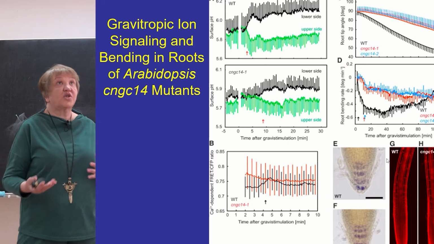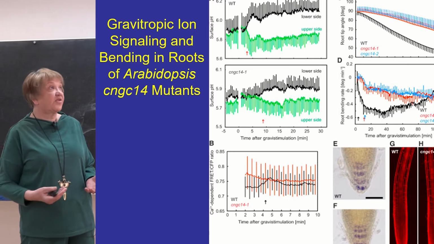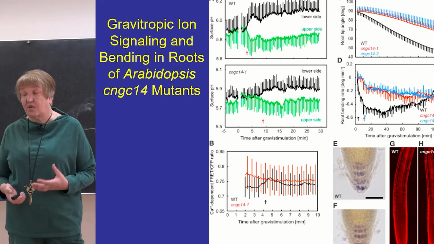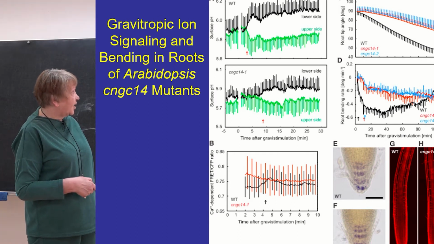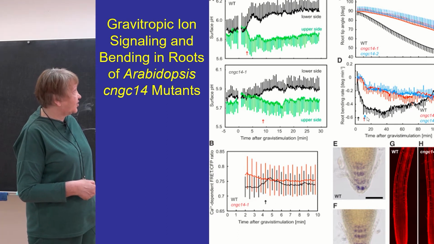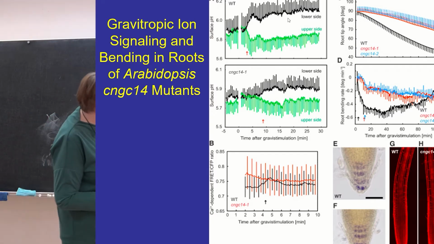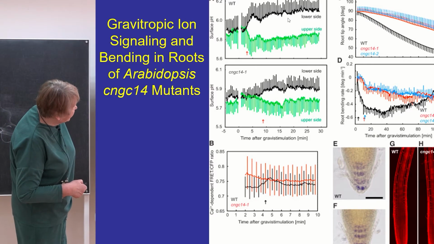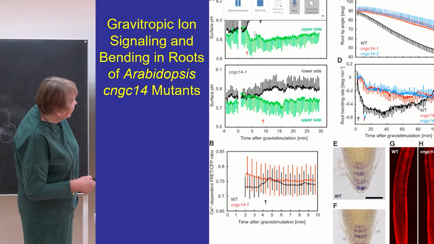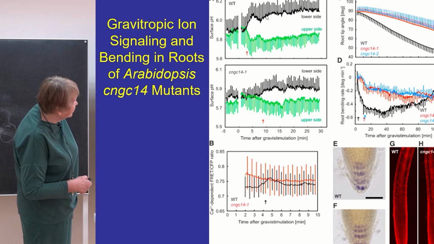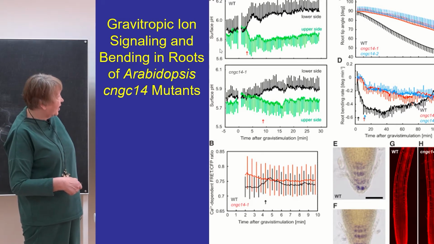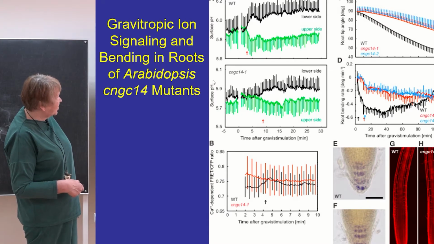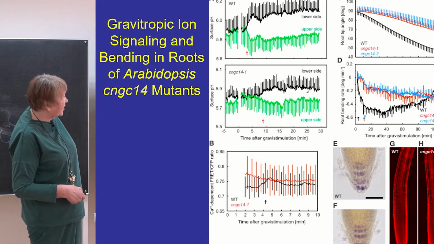So what consequences can this absence of response to auxin have? So here are the changes in surface pH after gravity-stimulation of the root. You see, you have increase in the lower side of pH and decrease in the upper side of the root after gravity-stimulation. Actually, in the mutant, it's kind of similar, but not as pronounced.